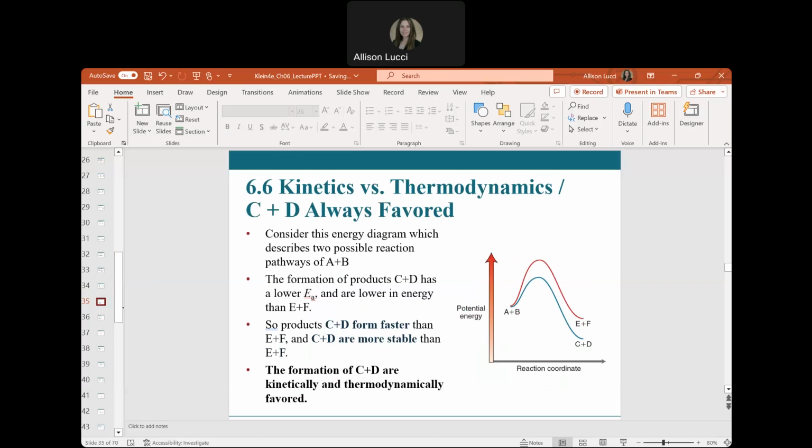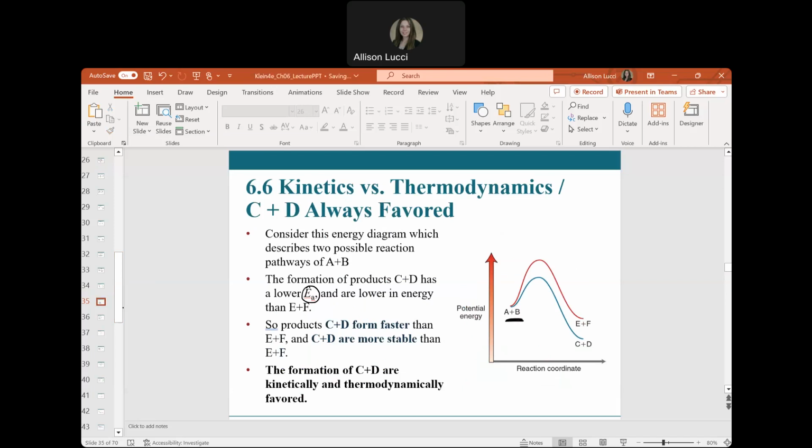And we see our reactants, A and B, have two different pathways to convert to products. So we see our products E and F and our products C and D. So from this energy diagram, we can tell that the formation of products C and D would have a lower activation energy. So this is our kinetics comparison here.